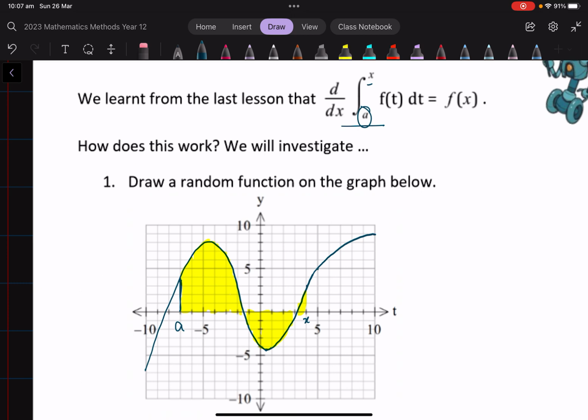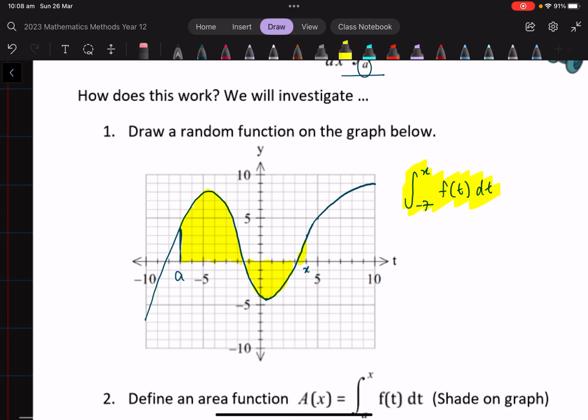The integral of the yellow section would be from a, in this instance -7, to x, in this instance 4. This trapped area, the yellow section, is what that area function would be.